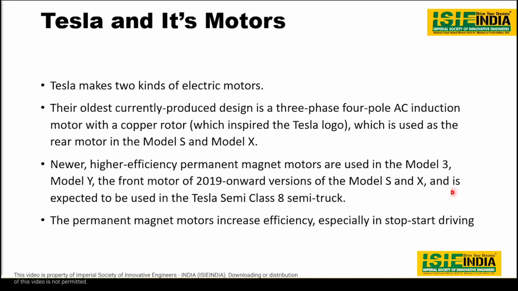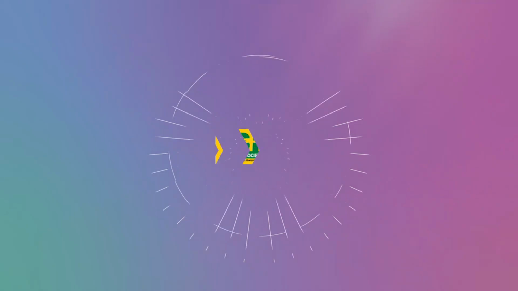Those are not used in the Tesla Semi truck, okay, right? The permanent magnets increased the efficiency, especially in start-stop driving. So in city environment driving, where there is usual traffic you can see, right?